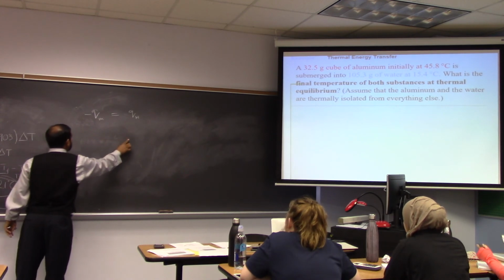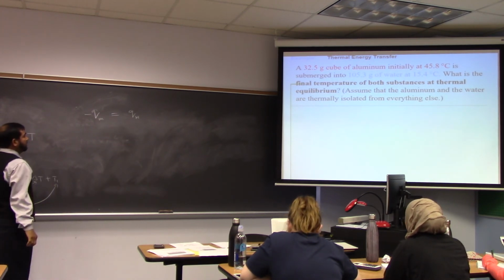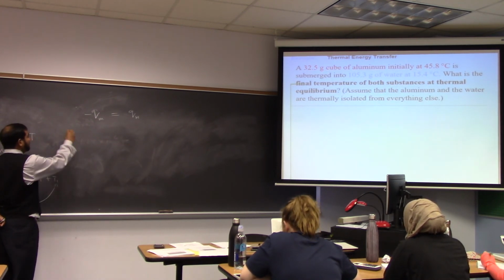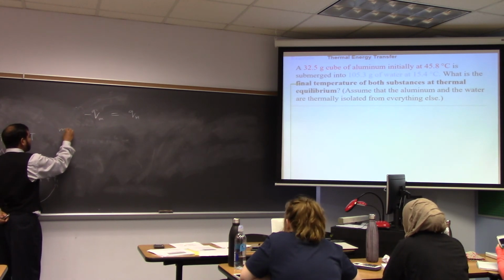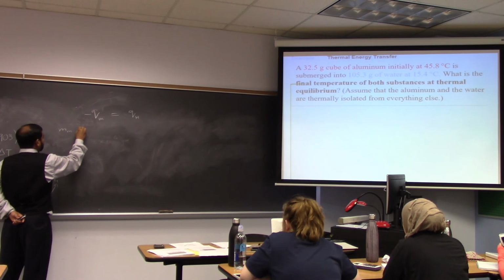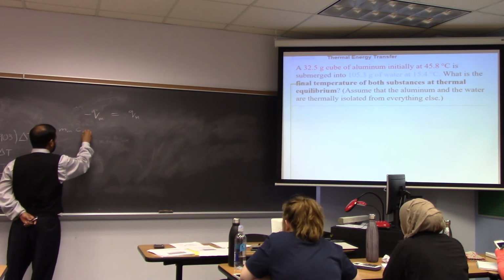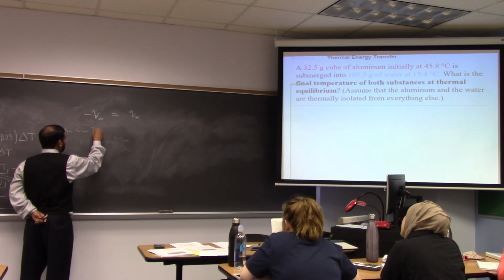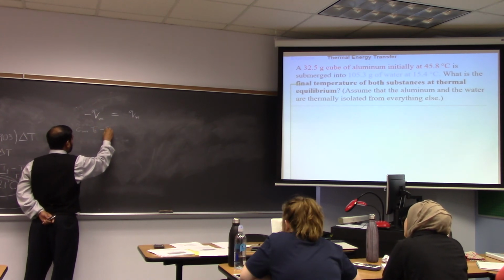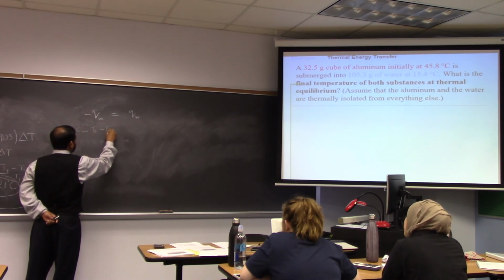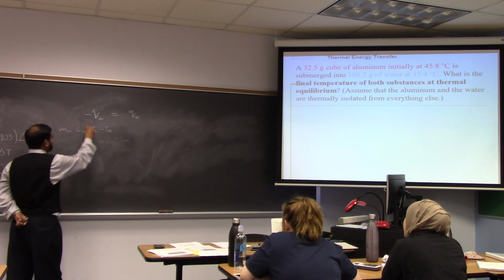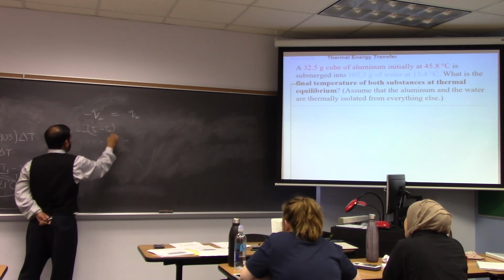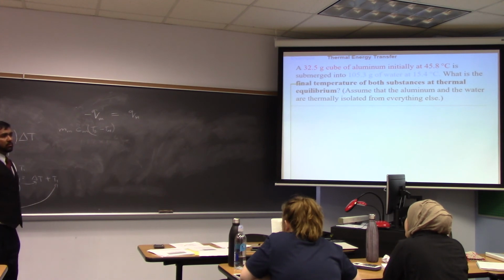Okay, let's go to the left side. The left side is metal. So mass of metal, and then specific heat capacity of metal, and T final minus T initial of aluminum. Look at that. I did not put Ti here because T of aluminum is the Ti.